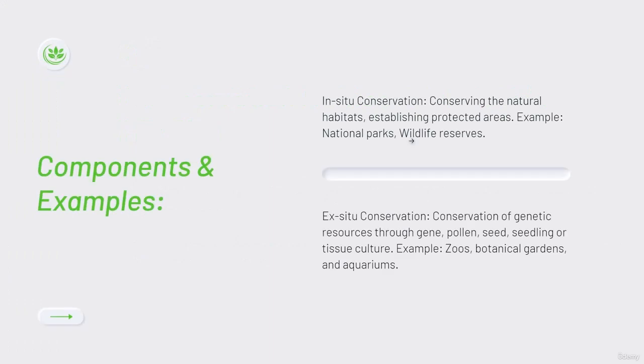Some of the examples of in situ conservation are conserving the natural habitat, establishing protected areas such as national parks and wildlife reserves. The government invests in national parks and creates wildlife reserves so that the animals get the natural environment for their survival. Ex situ conservation is conservation of genetic resources through gene, pollen, seeds, seedlings, or tissue cultures.